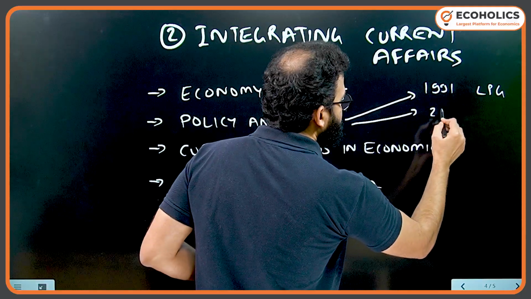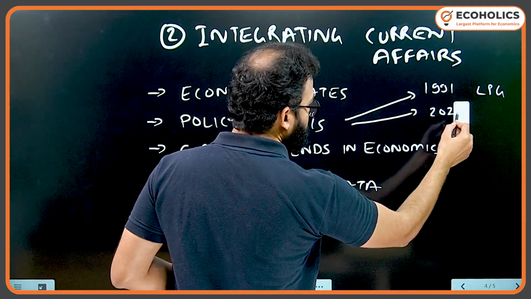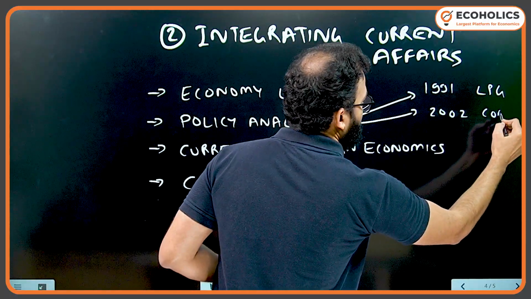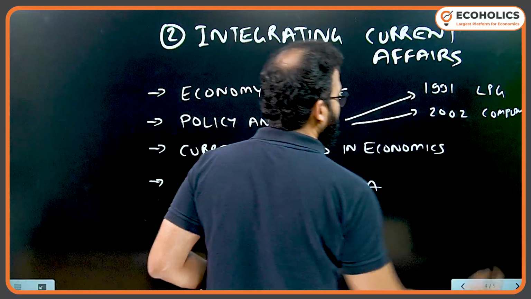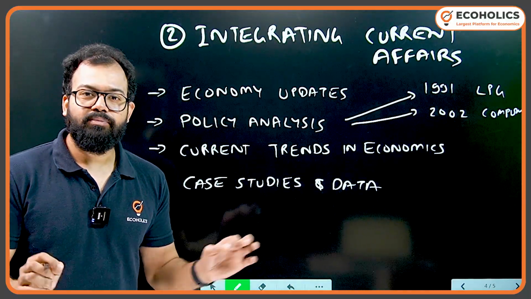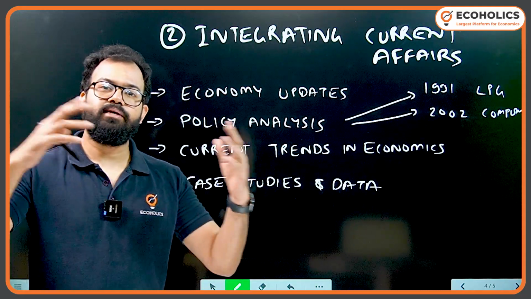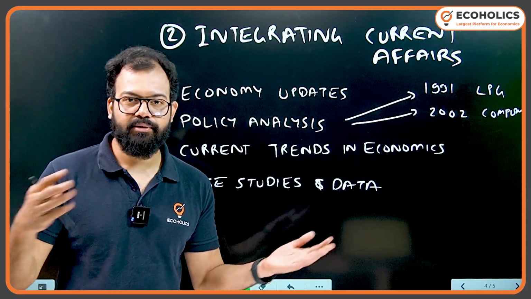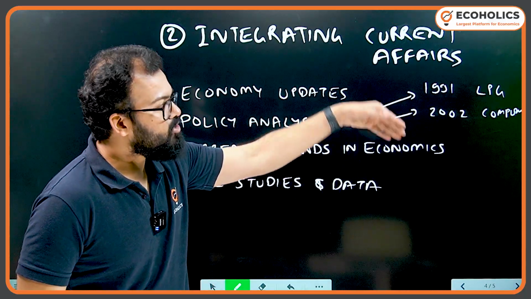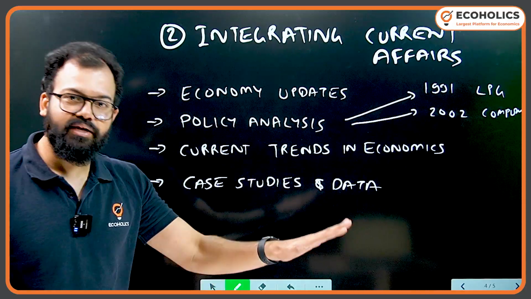In 2002, Competition Act. So in 2002, companies got the right to compete with each other. MRTP abolished, etc. MRTP is Monopolies and Restrictive Trade Practices. So that was abolished and the Competition Act introduced. So first right to entry, then right to compete.